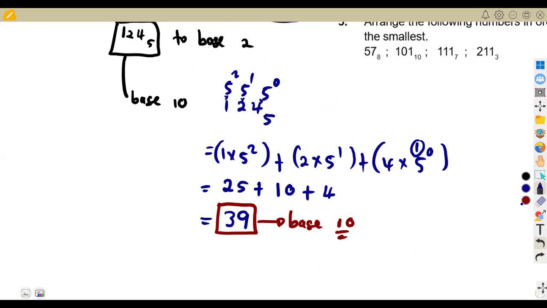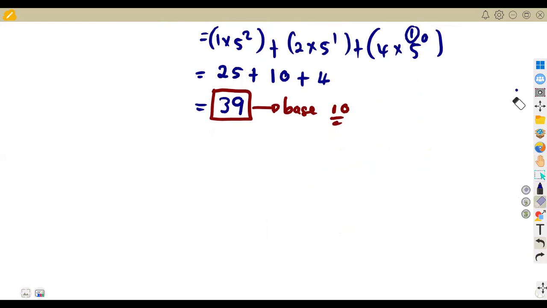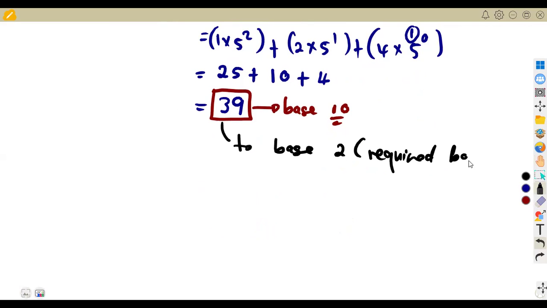Our answer is supposed to be in the base of 2. So now we are converting this to base 2, the required base. You now convert finally to the required base on your question, to base 2. So how do we convert a number from base 10 to any base?